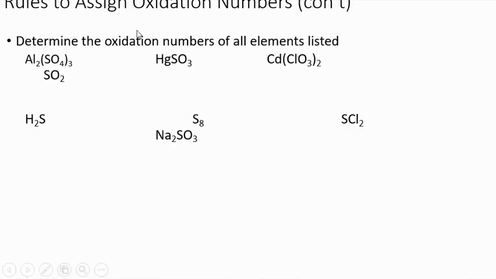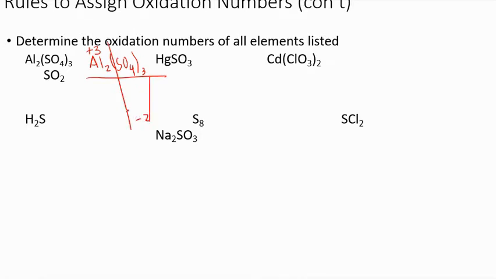Then if we look at our next problem, if we look at some of our oxidation numbers again here, it looks like some of these got kind of off kilter. So I'm going to move this one over here. Al2(SO4)3. My aluminum then is going to be a +3. My sulfate over here, overall charge for sulfate is a -2.